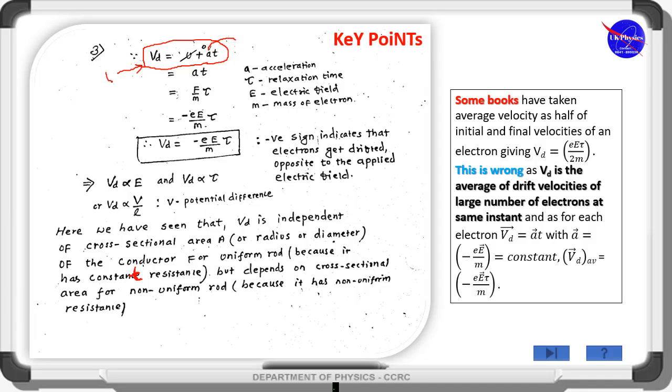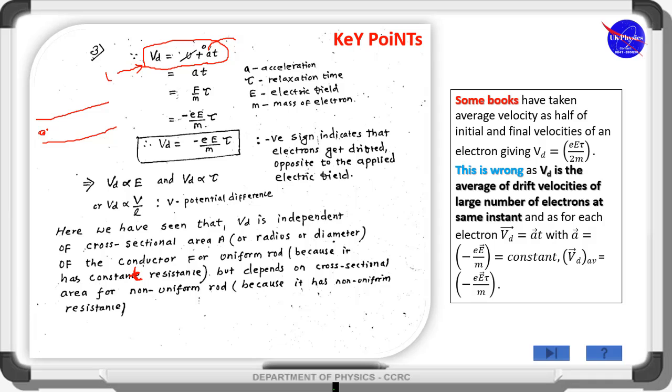This general equation is also valid in the case of the free electron inside the conductor, because inside the conductor, when we apply the external electric field, the electron experiences an electric force, and because of that electric force it experiences an acceleration in accordance with Newton's second law of motion.